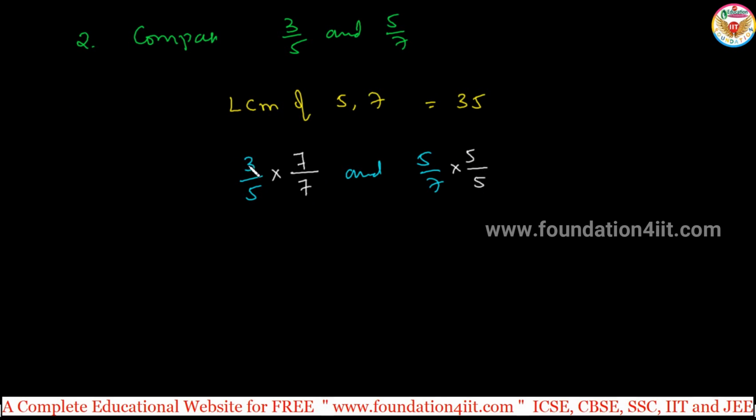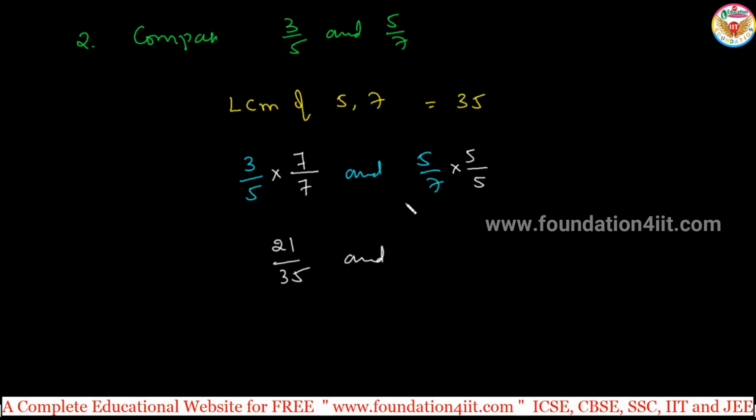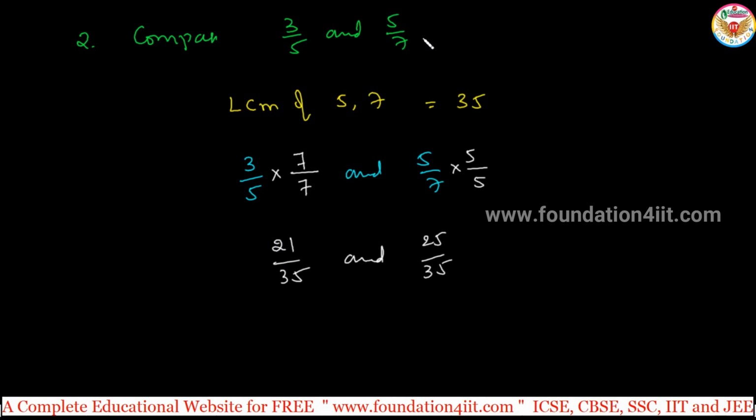So 3 by 5 into 7 by 7: 3 sevens are 21, so 21 by 35, and 5 fives are 25, so 25 by 35. The value is the same. This 3 by 5 value is exactly equal to 21 by 35, and 5 by 7 is equal to 25 by 35.